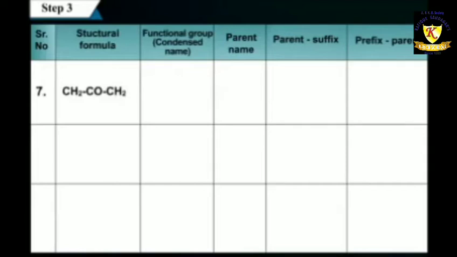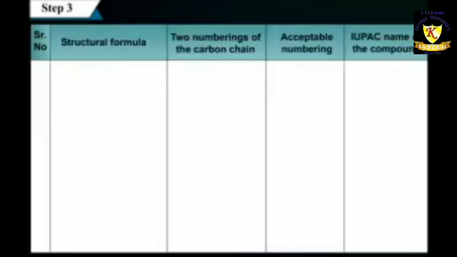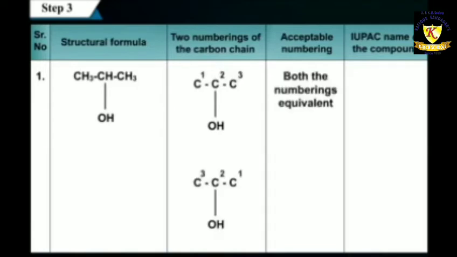Next, CH3COCH3. Functional group CO, that is one. Parent name propane and parent plus suffix: propanone. Next, here the structural formula is CH3CHOHCH3, where we have two numberings of the carbon chain, and the acceptable numbering.